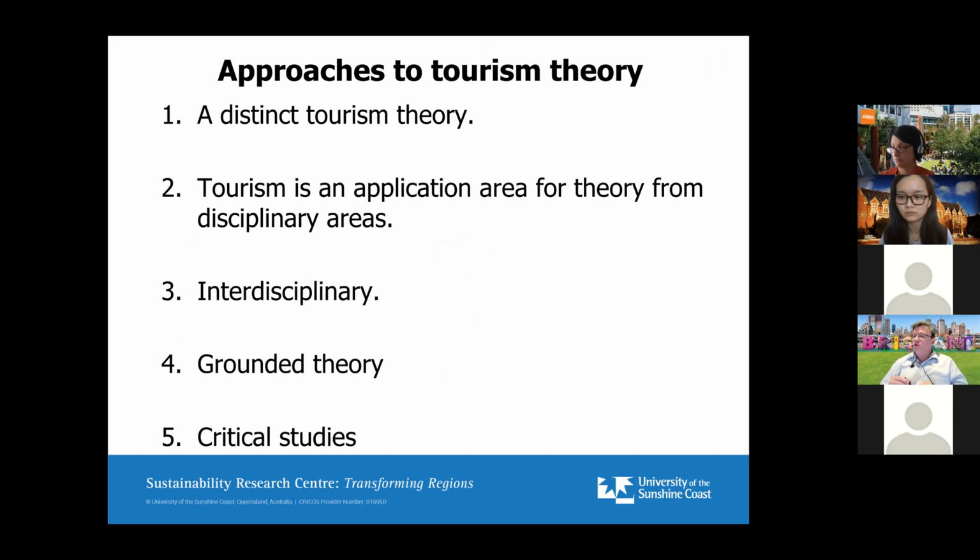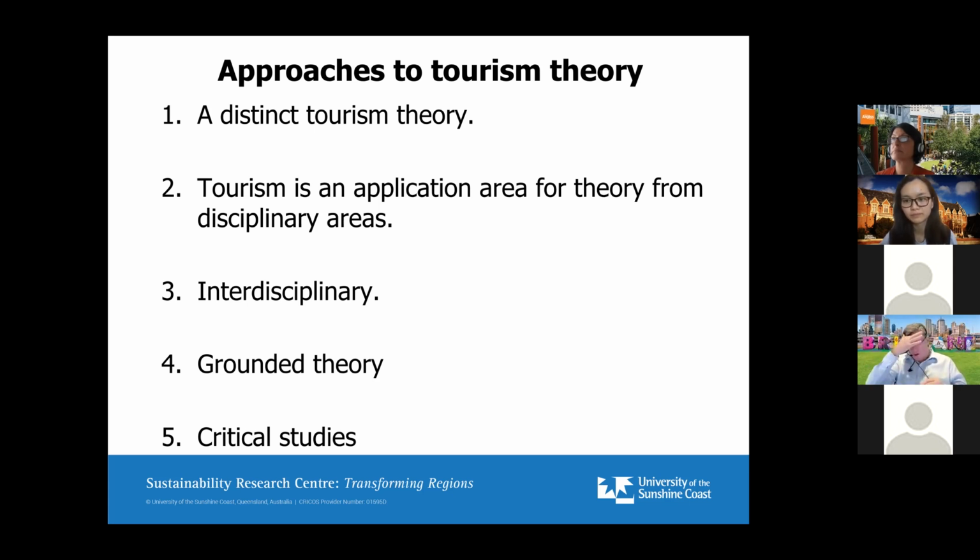So, different approaches to tourism theory. You might think about tourism having its own theoretical basis. I think that's rubbish myself, but many people think tourism has a theory.